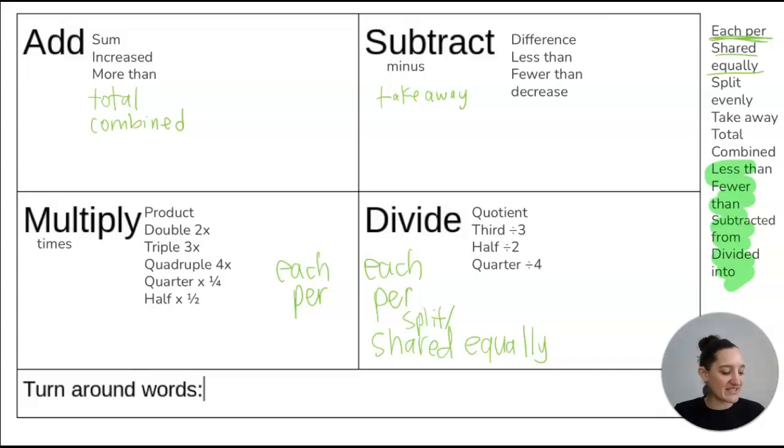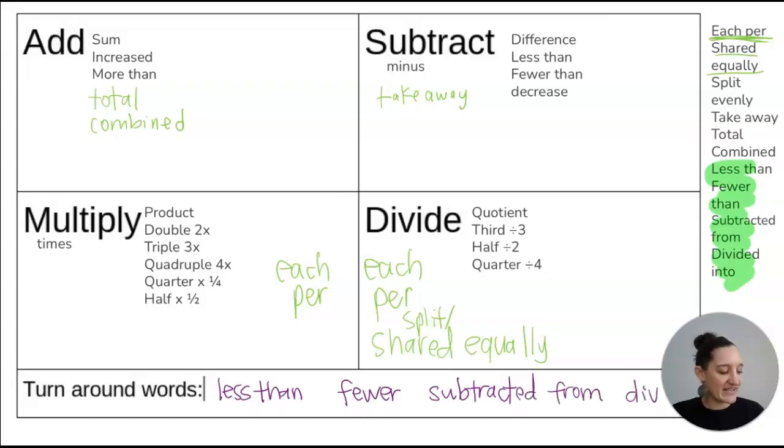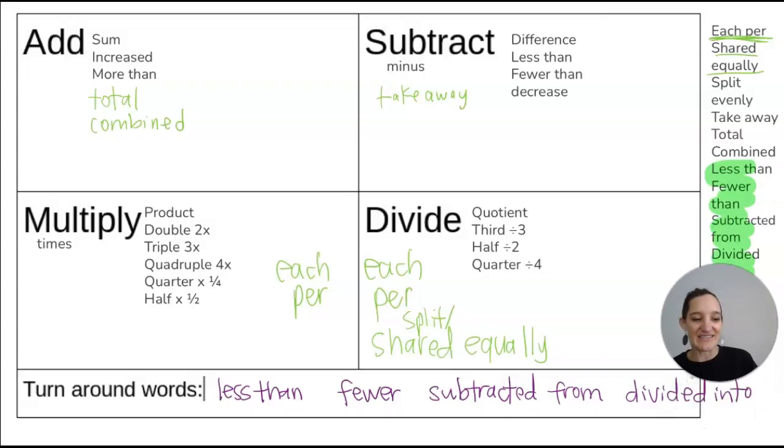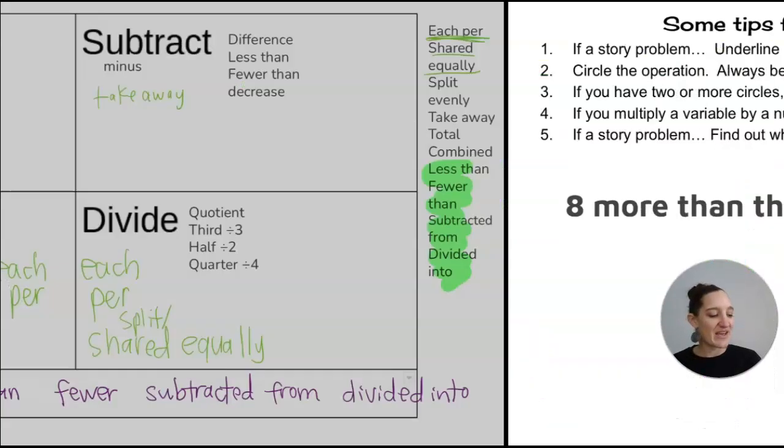So if you'll put them down in this box: less than, fewer than, subtracted from, and divided into. I'll explain more about what turnaround words are in the next few slides.